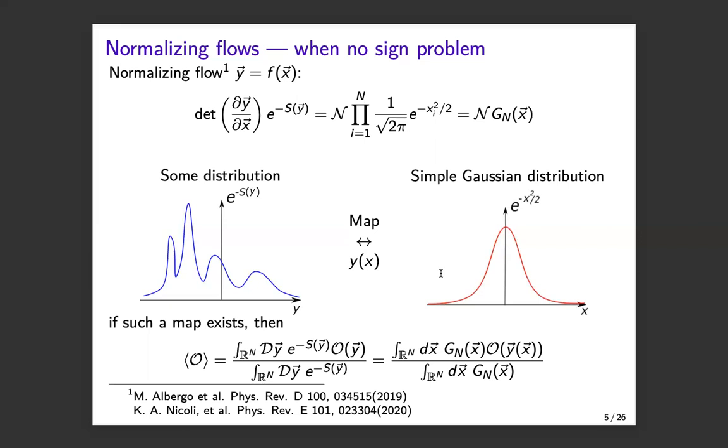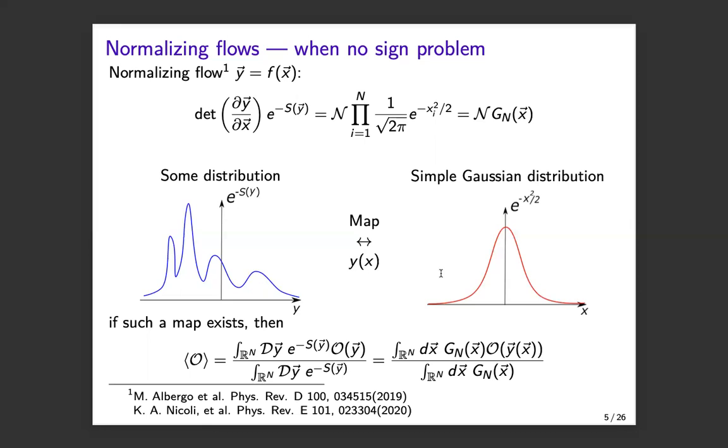You don't have to do Markov chain Monte Carlo sampling, and now you can evaluate this expectation value. This has been studied very intensely in the last several years, because if you could find such a nice map that maps your Boltzmann distribution to a Gaussian distribution, you can accelerate your lattice calculation very well.